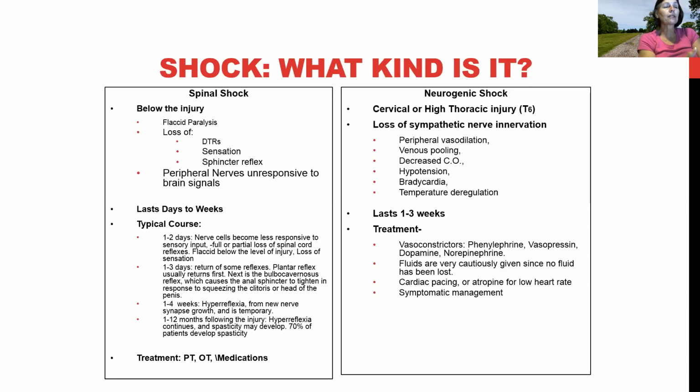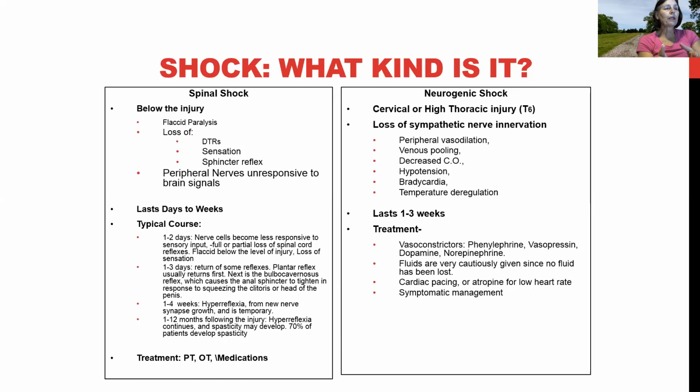Then a couple days later, you begin to get some spinal reflexes back. The 2 spinal reflexes that come back first are the plantar reflex, the one where you scrape the bottom of the foot and the toes scrunch down, or the bulbocavernosus reflex, which we will not be checking, but what happens is the anal sphincter tightens in response to clitoral or penile compression.